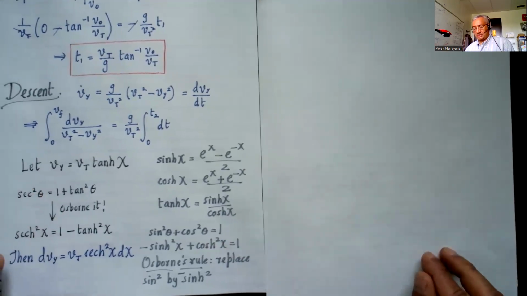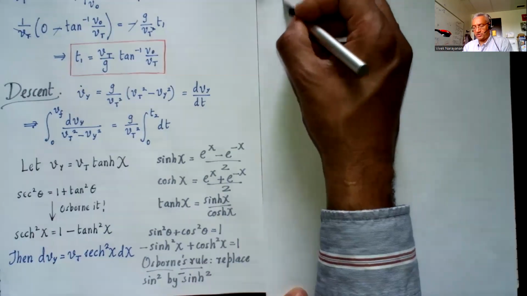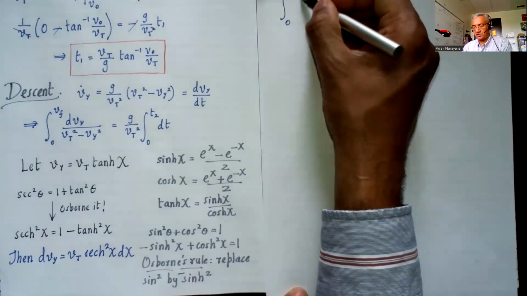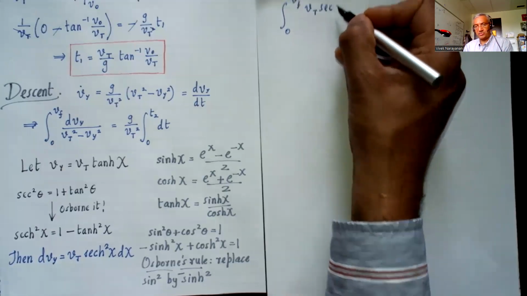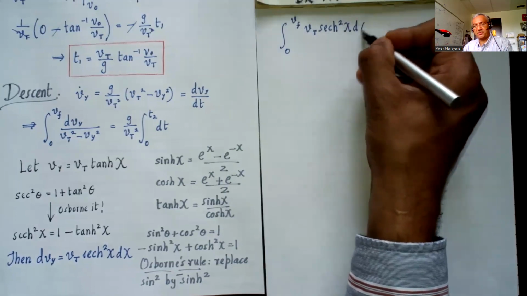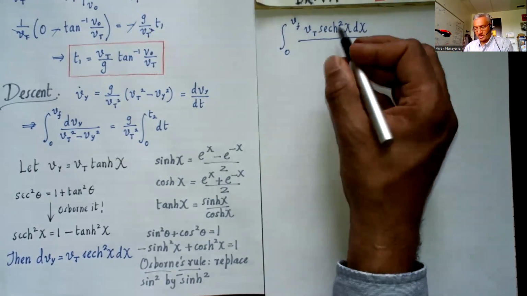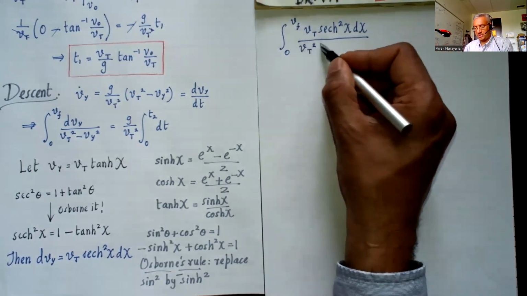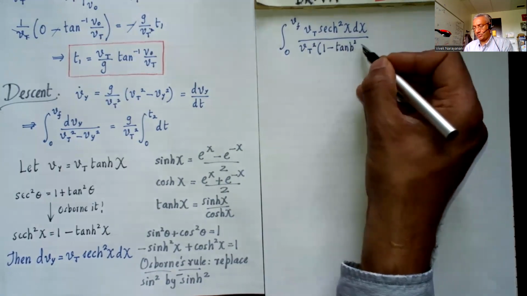So now let us go back to the integral at hand. The integral here is 0 to Vf, dvy is Vt sech squared chi d chi, divided by the denominator, which is Vt squared, 1 minus tan hyperbolic squared chi.